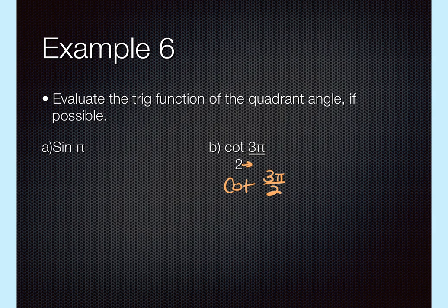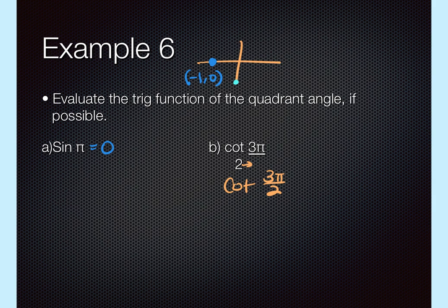It says evaluate the trig function of the quadrant angle if possible. So the sine of pi, where's pi? The 180 on the left, right? What's the coordinate point there? Negative 1, 0. What's the sine? 0. Cotangent of 3 pi over 2. Where's 3 pi over 2? The bottom.